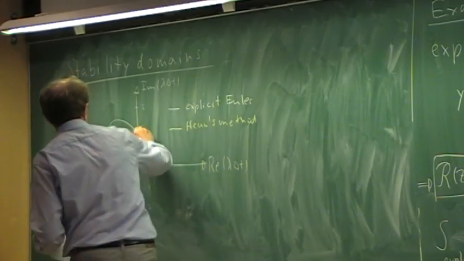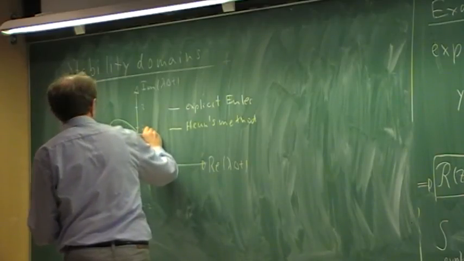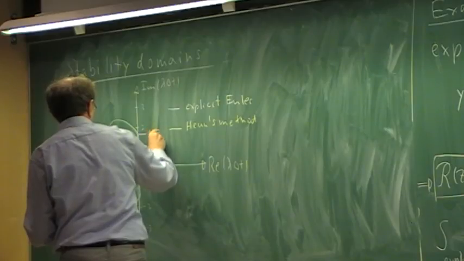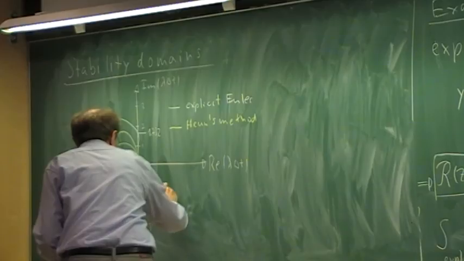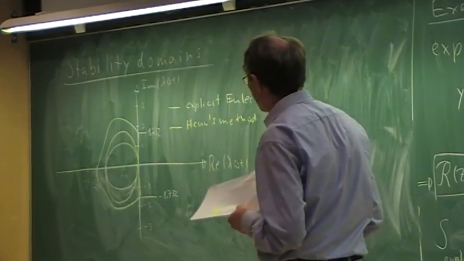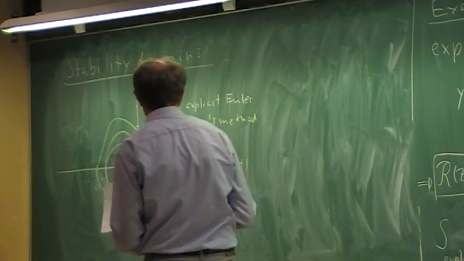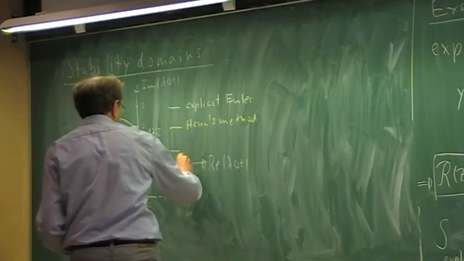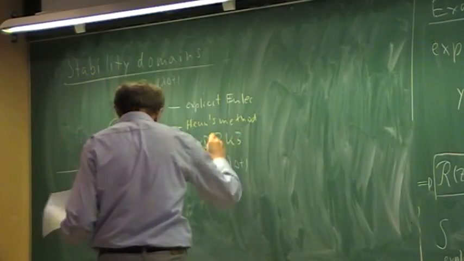And the point that we hit here is actually 1.732, and here we hit minus 1.732. These points are actually important. So that would be for the TVD Runge-Kutta method, RK3.